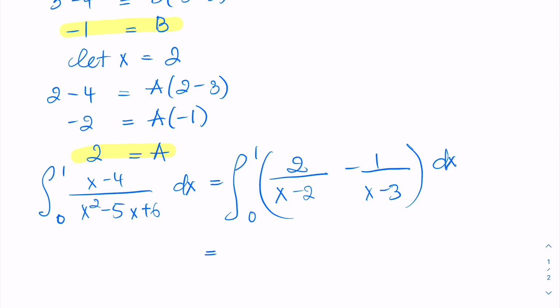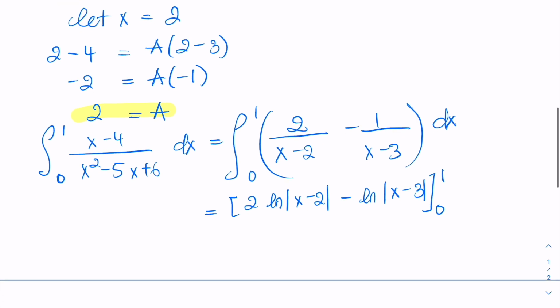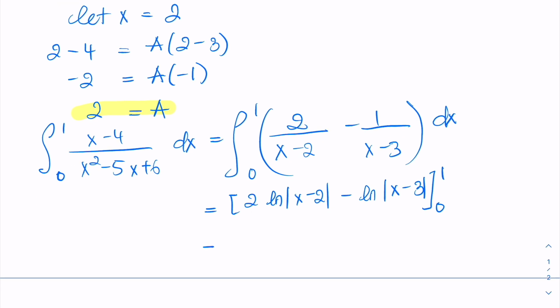And that's just 2 ln of x minus 2 minus ln x minus 3. And we want to evaluate from 0 to 1. So let's plug it in.